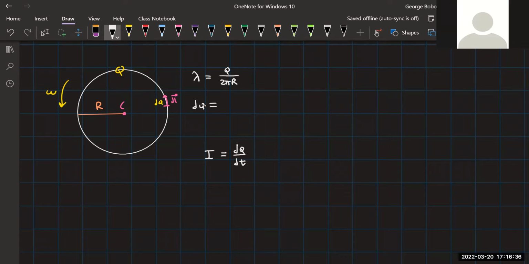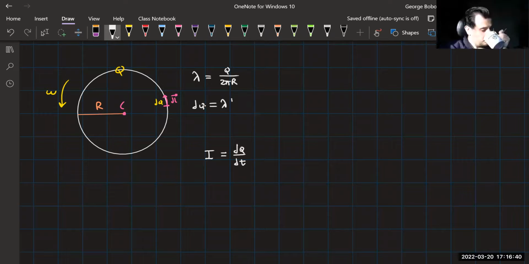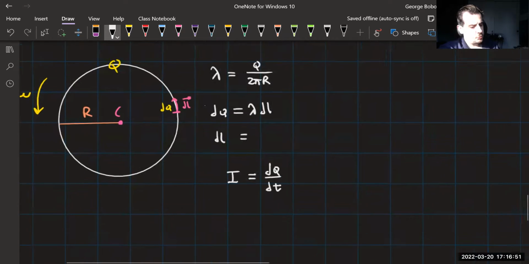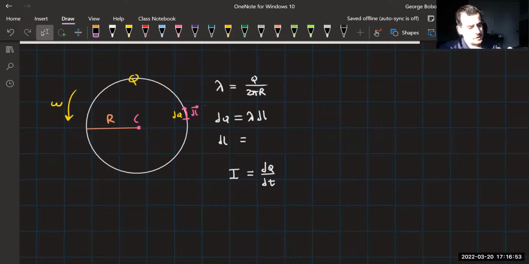Lambda times dl. Okay. And can I ask Bogdan, what is dl here? The size specifically of dl, since we're in a ring situation. What do you think the size of dl would be, Bogdan?